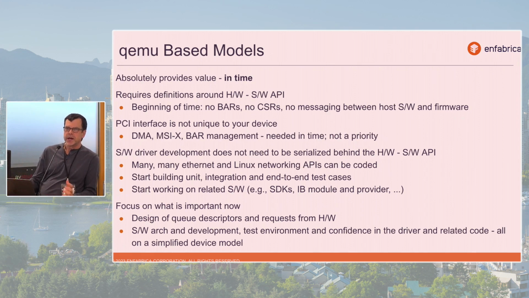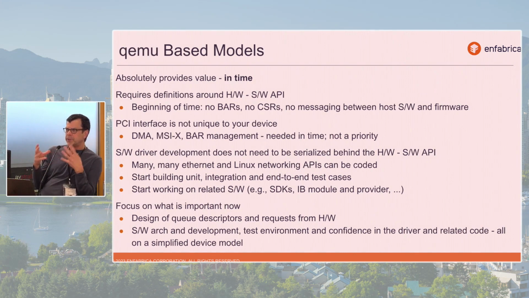Anyone who's done any kind of software development for a Linux driver knows there are many, many Linux networking and Ethernet APIs that can be coded from the hardware interface up. Get all that infrastructure in place. Start building your unit, integration and end-to-end test cases.